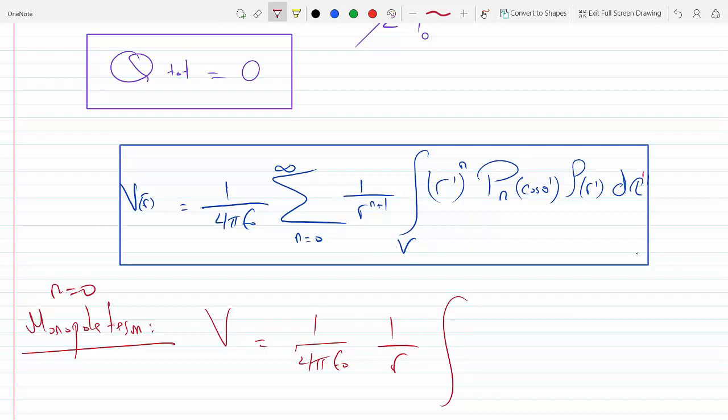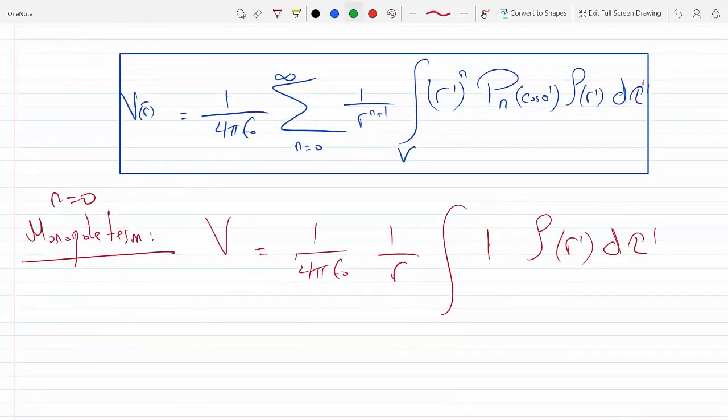You get the Legendre polynomial, the first one. What's the Legendre polynomial P0? That's just 1. Then rho r prime d tau prime. But what's this? This is the total charge.